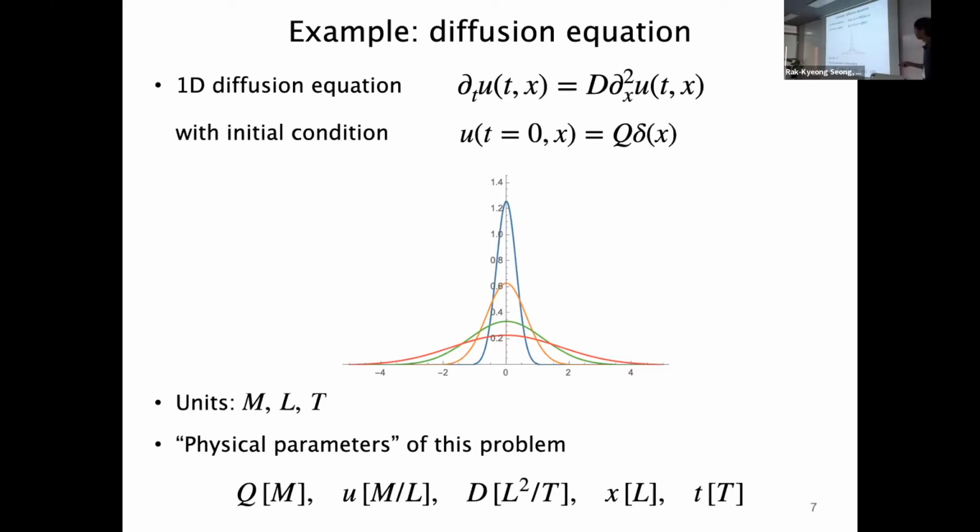Note that when we say physical parameters, we include those parameters characterizing the system, and we also include coordinates like x and t as well. Those are the dimensions of each variable.